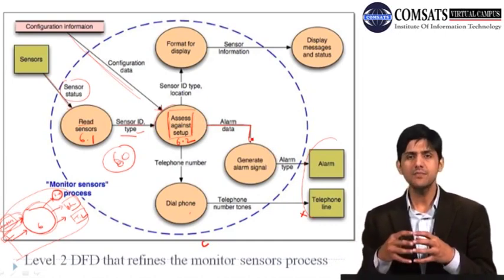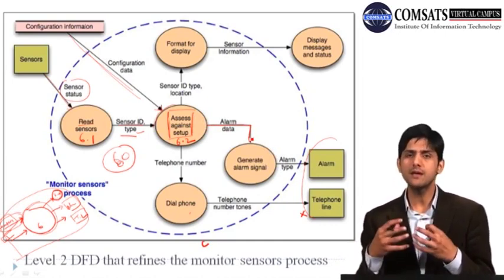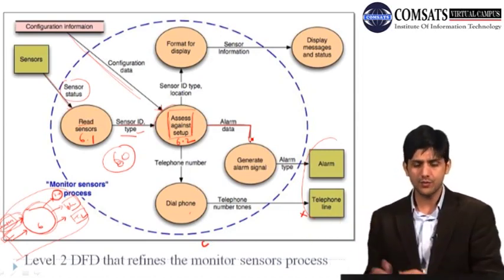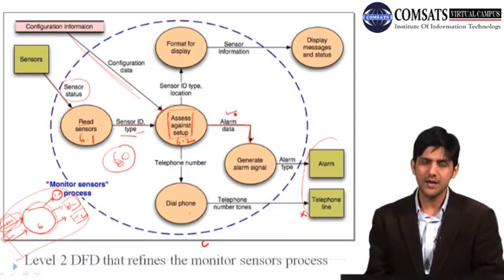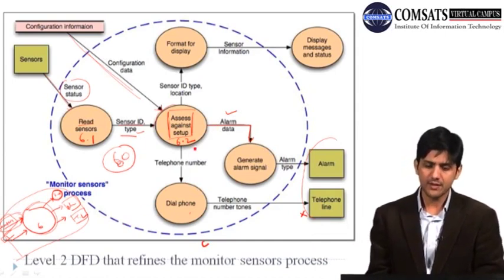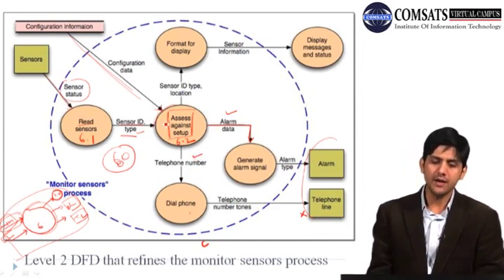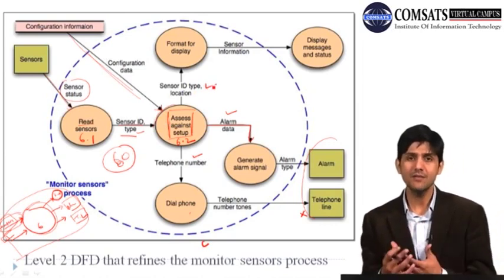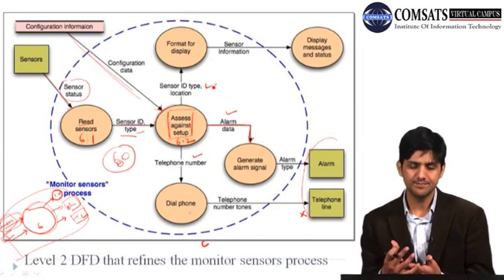So you need to send an output to that external entity, the alarm. So what you do is you generate alarm data. Similarly, you generate a telephone number, and you also generate which sensor has actually generated this information and what is the location of that sensor.